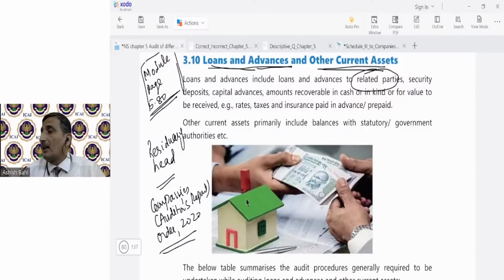Yes, Ashok, you are asking, can the balances of trade payables be confirmed, or can we send confirmations? Yes, we will be sending confirmation letters to trade payables as in the case of trade receivables, by employing direct confirmation procedures.